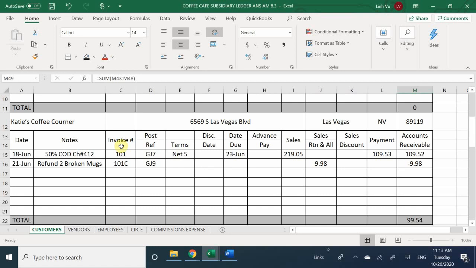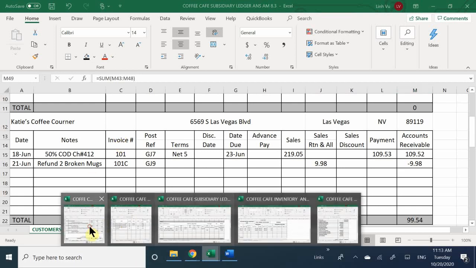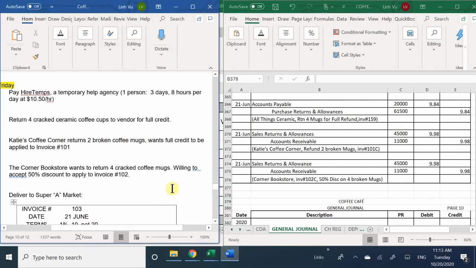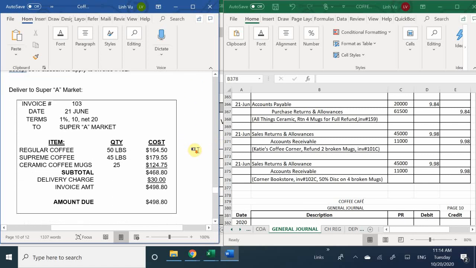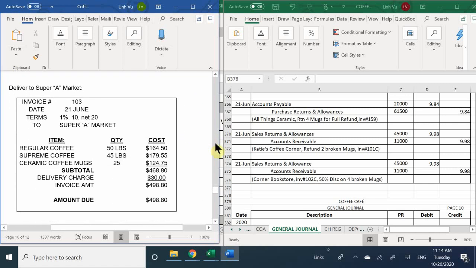Okay. Now that we completed that, what has happened next? Deliver to Super A Market. We finally delivered to Super A Market.